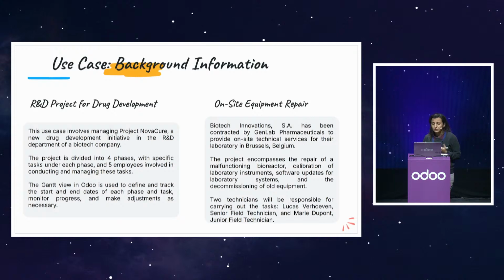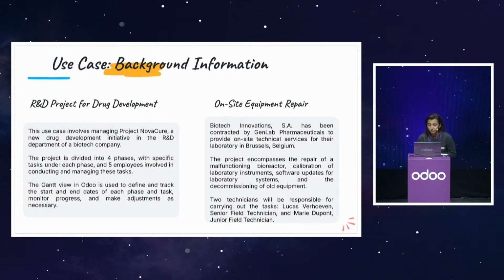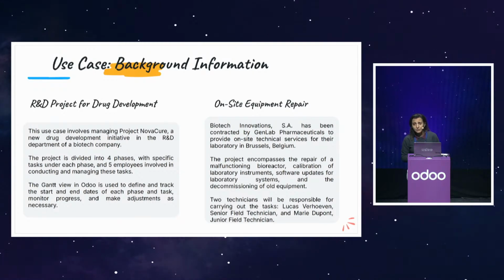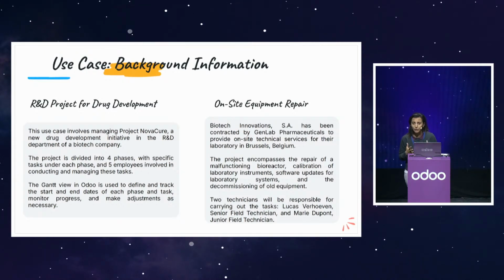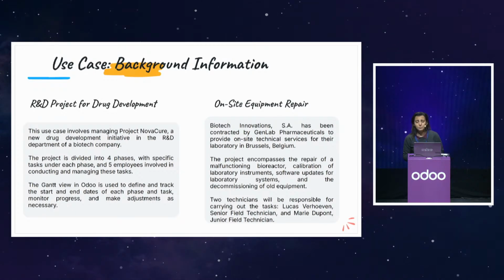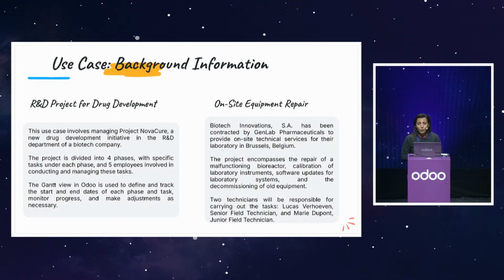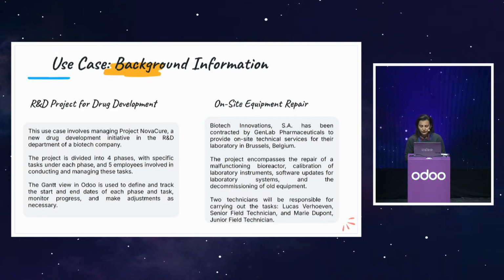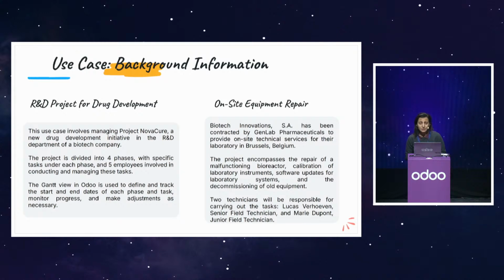These technical interventions include, for example, the repair of a malfunctioning bioreactor, the calibration of laboratory instruments, software updates, as well as the decommissioning of old equipment. And here we'll have 2 technicians carrying out these tasks: one senior field technician, whose name is Lucas, and a junior field technician, whose name is Marie.